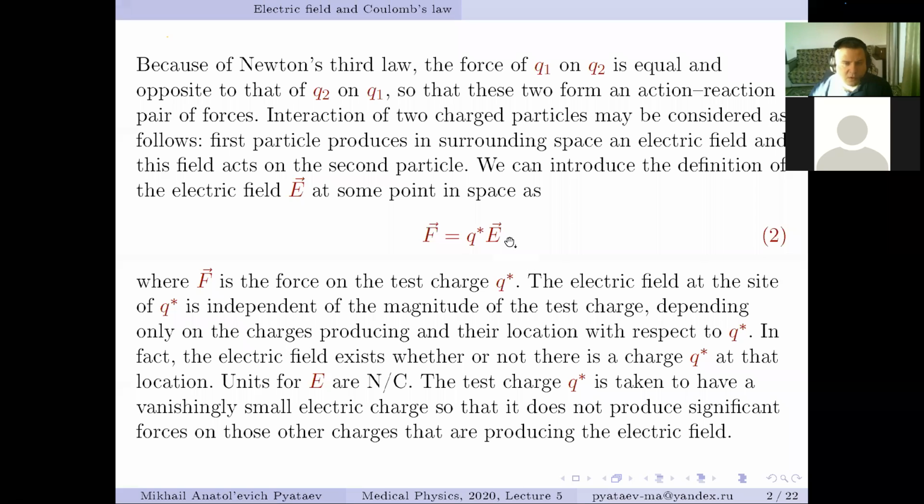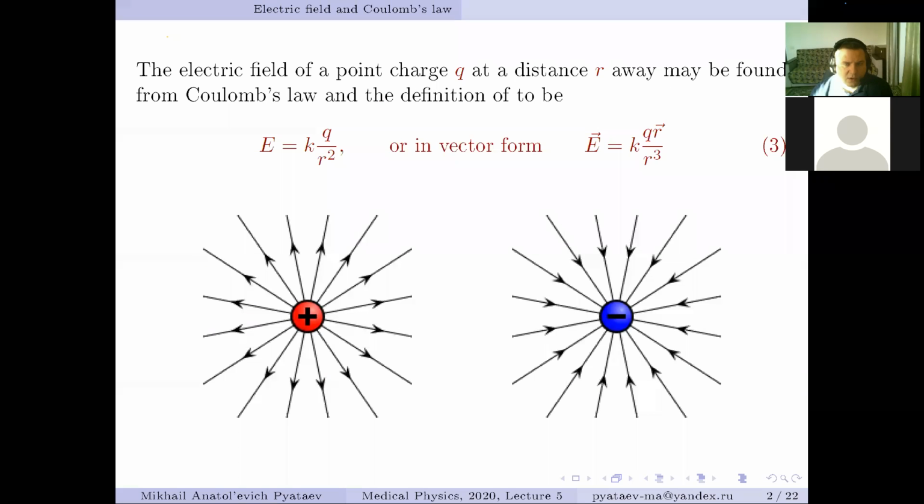Well, so today we are studying only electric field, and it is characterized by the vector E. Another way to characterize it is using the potential, which is based on energy.